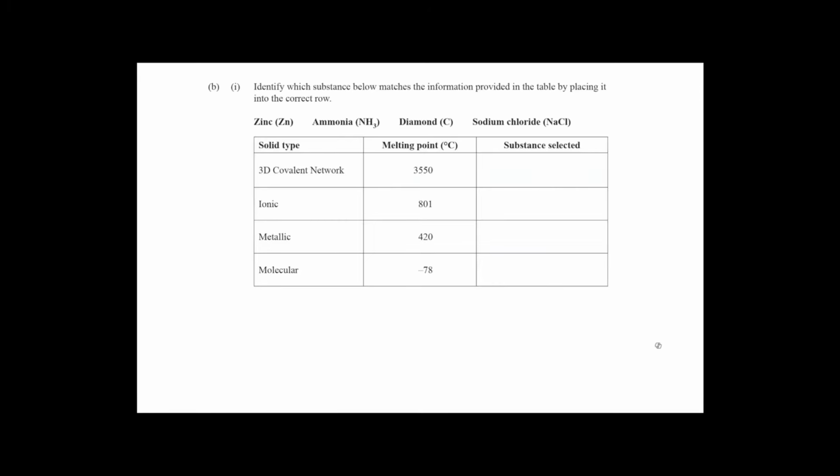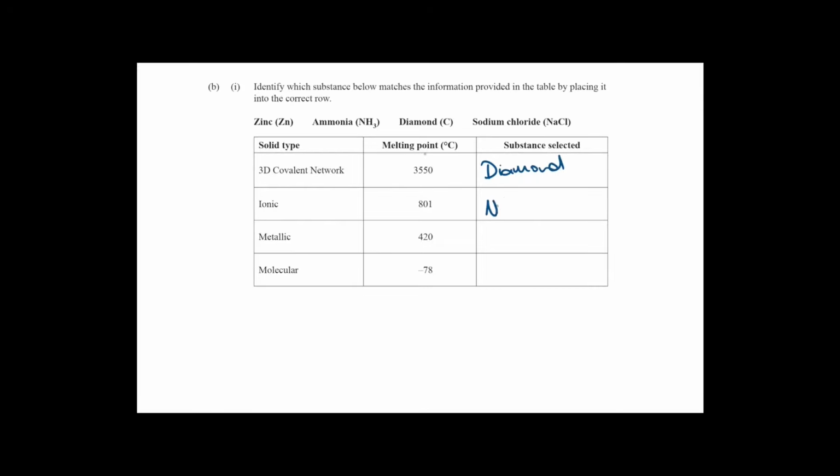Next, we're asked to identify which substance below matches the information provided in the table by placing it in the correct row. Zinc, which is a metal, ammonia, NH3, diamond, crystal carbon, and sodium chloride, salt. Okay, this should be a fairly easy question. This is obviously diamond. Diamond is a 3D covalent network.